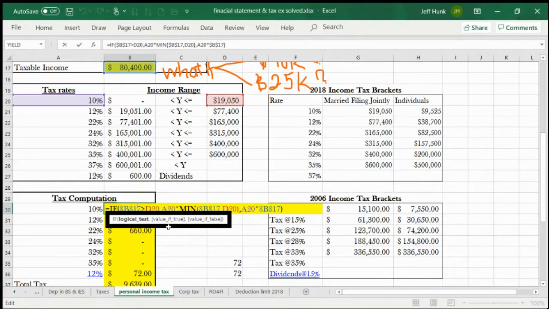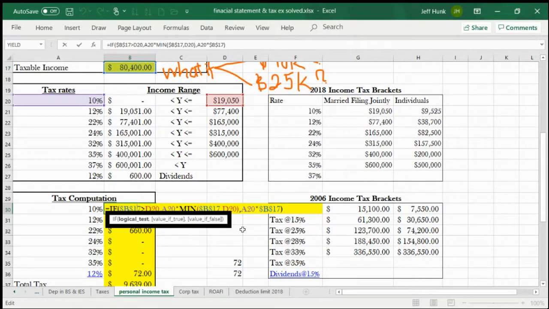Now, from the previous topic, from financial statements, we already introduced the IF command, right? So the structure of the IF command: if this condition is met, the first comma means then do this.